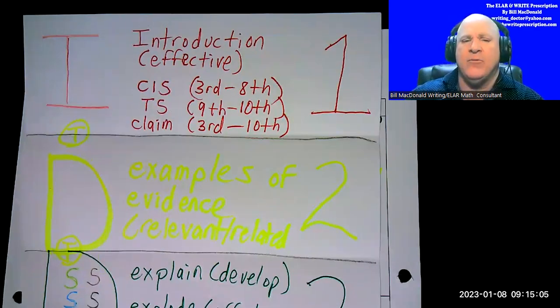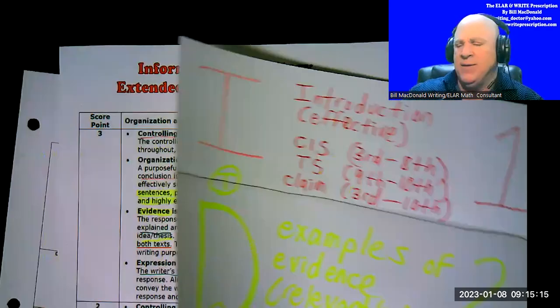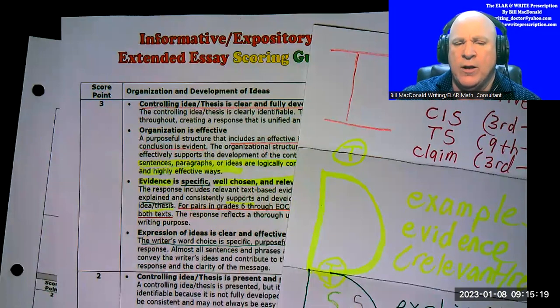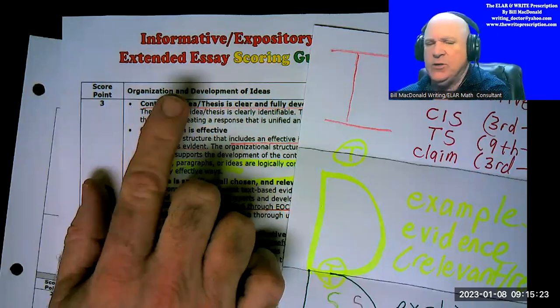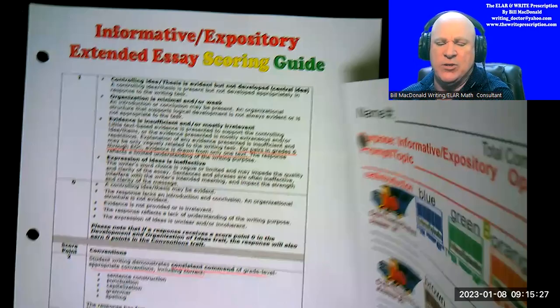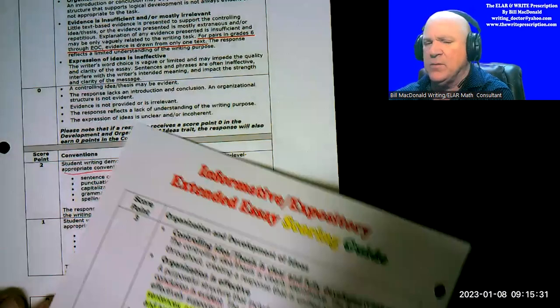I want to start off with our first lesson on what the rubric says on how to get a 5. And the way you get a 5 is 3 points in the area of organization and development, and 2 points in the area of conventions.